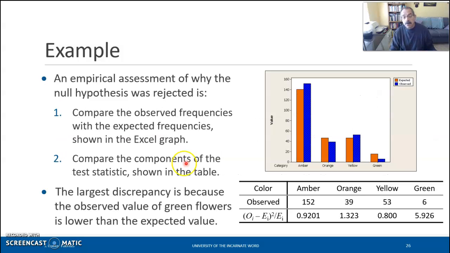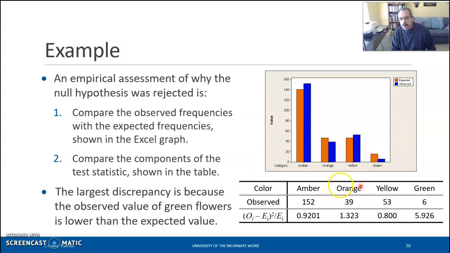An empirical approach that is easy to do is this graph, created with Excel, comparing the observed versus the expected values. The orange columns are the expected values, and these blue columns represent the observed values. And here you see that they don't match exactly, but they are relatively close, except for the green color.